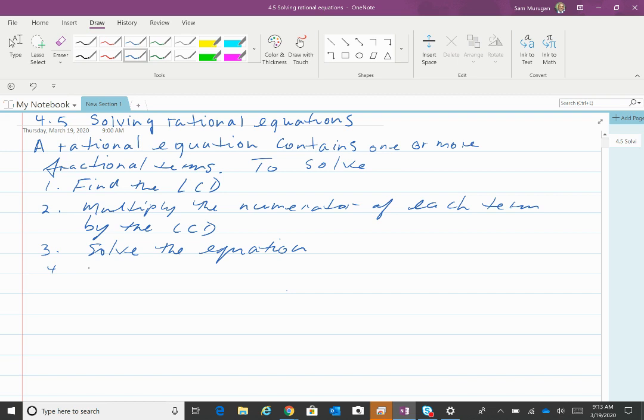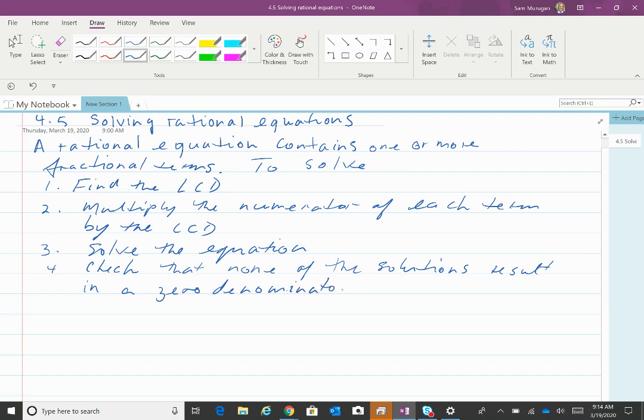And step four would be to check that none of the solutions result in a zero denominator in the original equation.